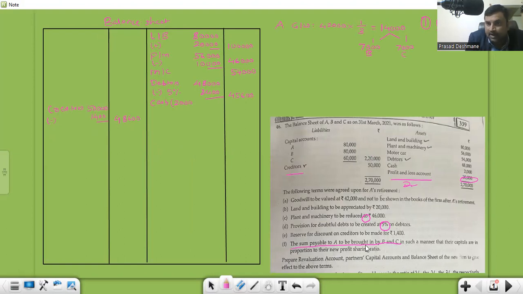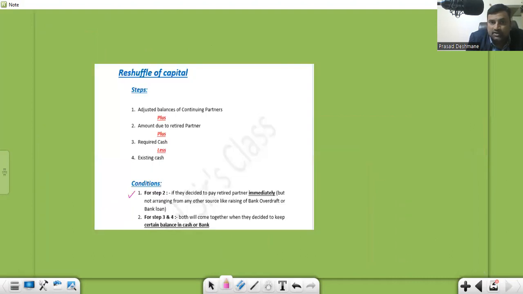So this condition is not matched. Correct? So we are not going to consider step 3 and step 4. Is it clear? Only step 1 and step 2, because the condition for step 3 and step 4 is not fulfilled. Okay, so what about step 1 and step 2?